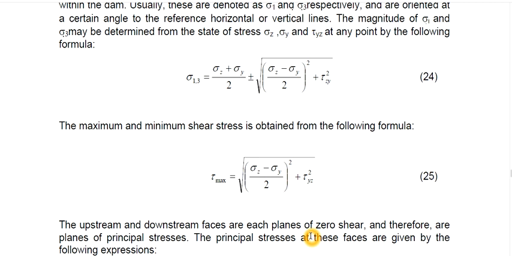On the concrete gravity dam, upstream and downstream faces are the planes of zero shear. So if we put this value as 0, then this value will be hypothetical.